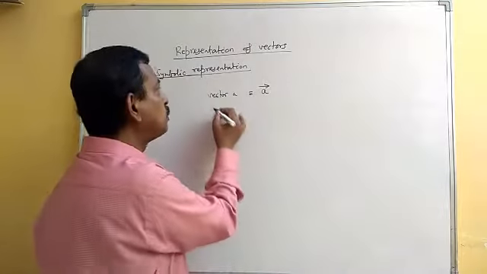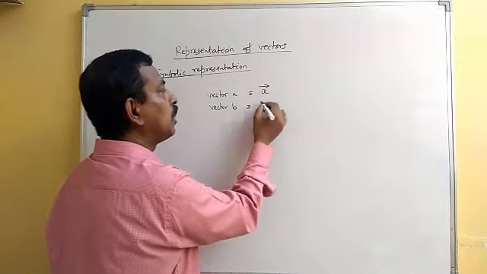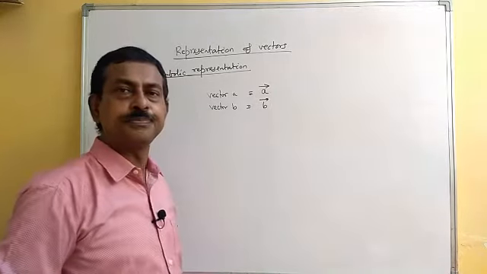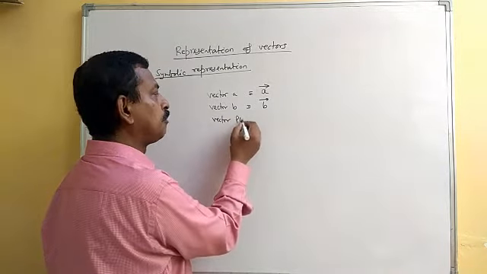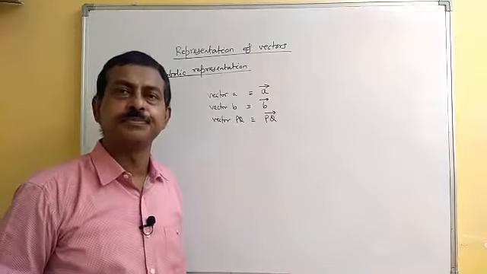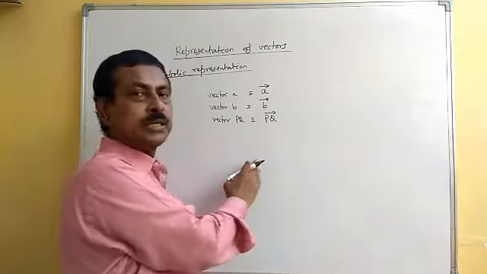Similarly, to represent vector B, we put an arrow over the symbol B. Similarly, vector PQ is represented as PQ with an arrow over it. So this is how we represent a vector quantity in writing.